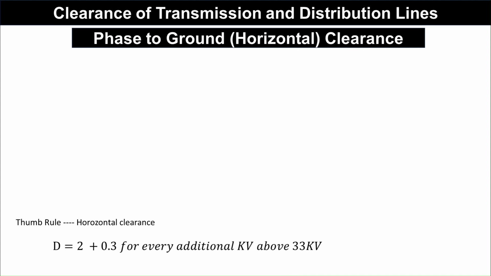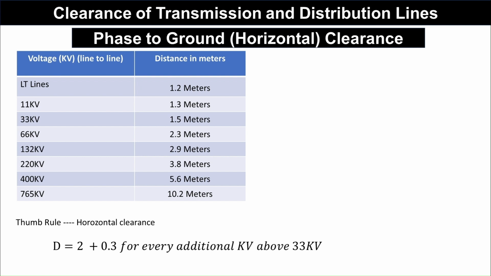The phase to ground clearance of various transmission lines is, for LT line it is 1.2, for 11 kV it is 1.3, for 33 kV it is 1.5, for 66 kV it is 2.3, for 132 kV line it is 2.9, and for 220 kV line it is 3.8 meters, and for 400 kV line it is 5.6 meters, and for 765 kV line it is 10.2 meters.